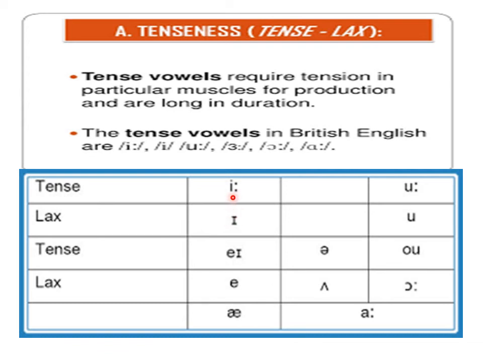But pronouncing ee or oo takes muscular effort and long duration. These are tense vowels. This we will study in detail later. It is there in your textbook.